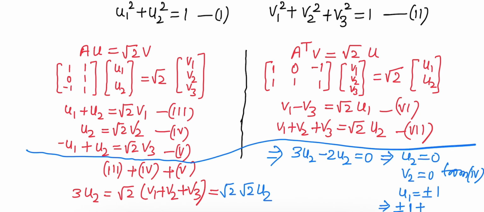So next will be 0, and that will be equal to root 2 v1.